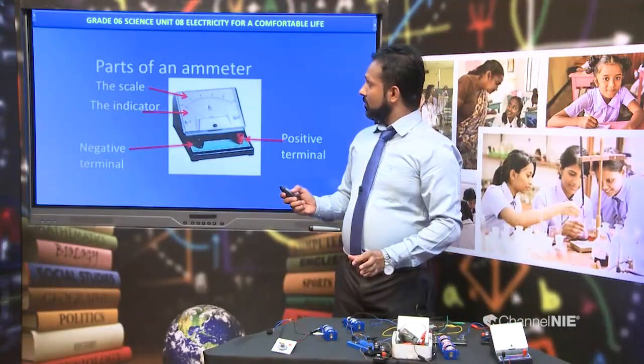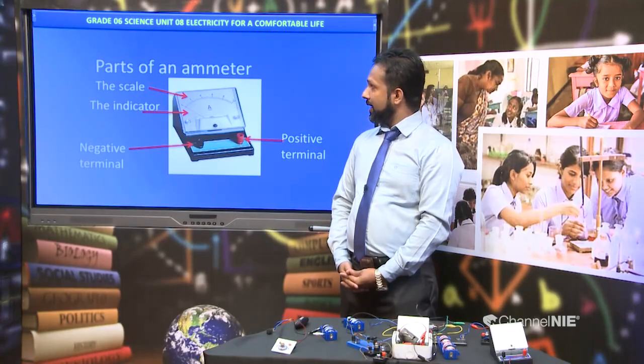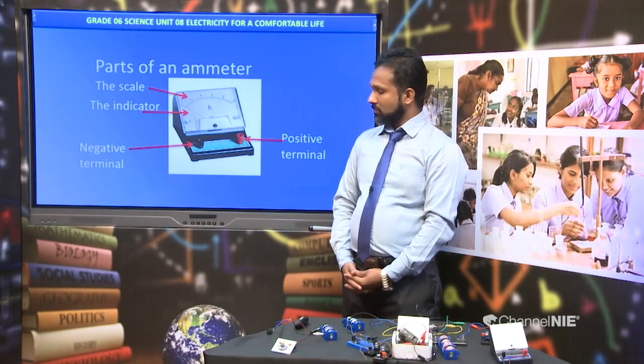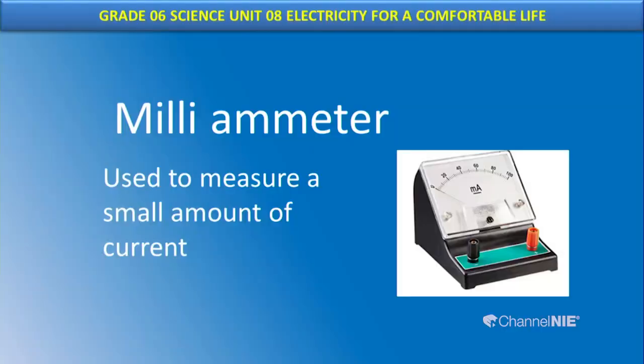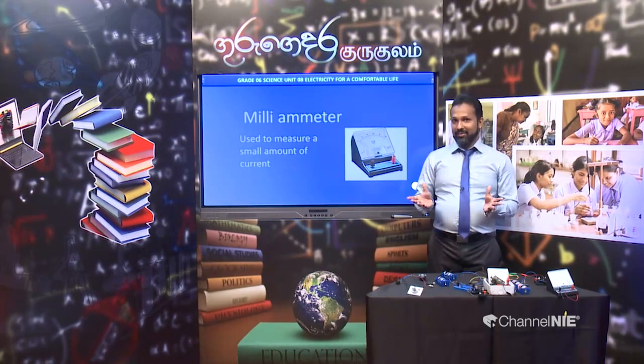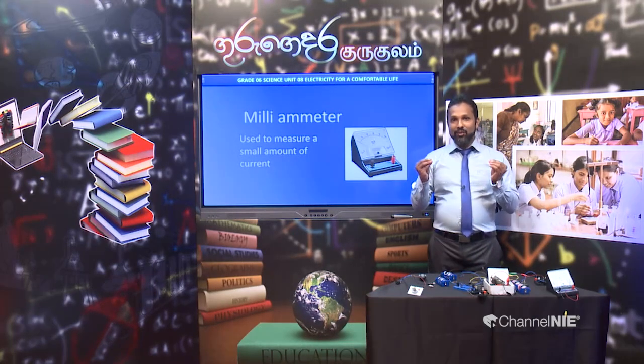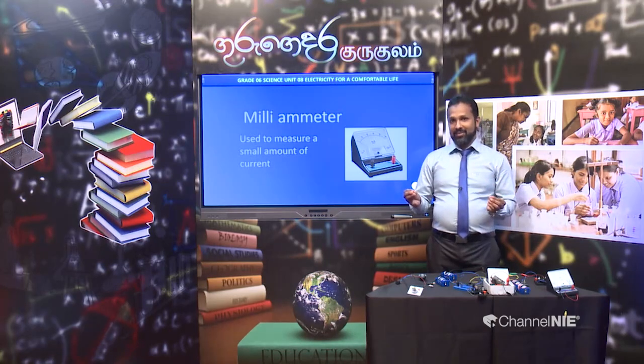Do you know the parts of an ammeter? Dear children, we have to identify the difference between an ammeter and a milliammeter. As I told you earlier, an ammeter is used to measure current, but a milliammeter is used to measure a very small amount of current.